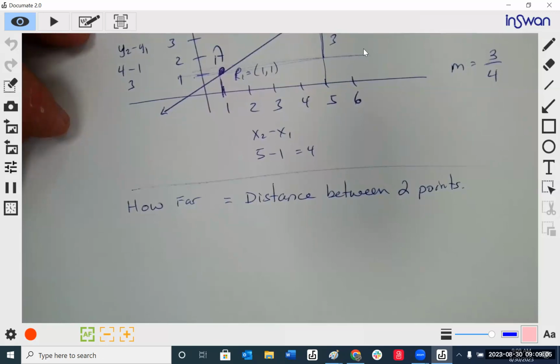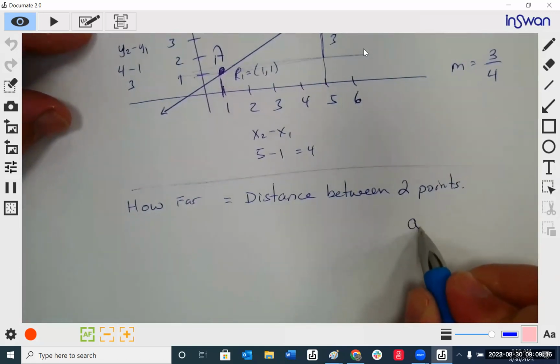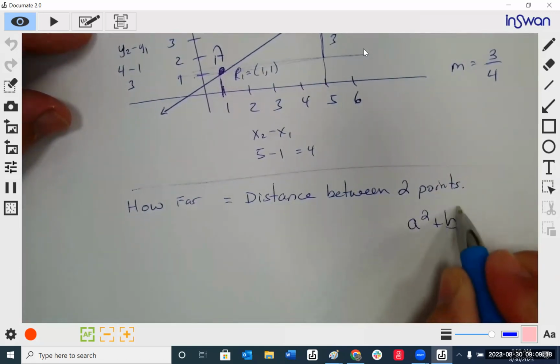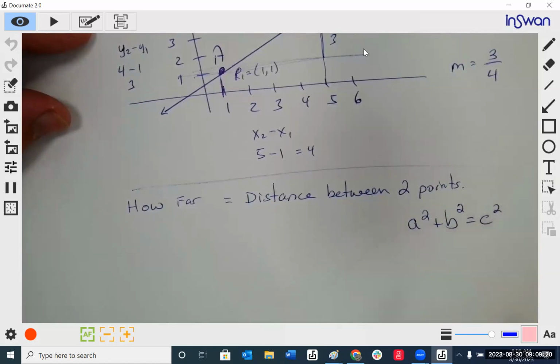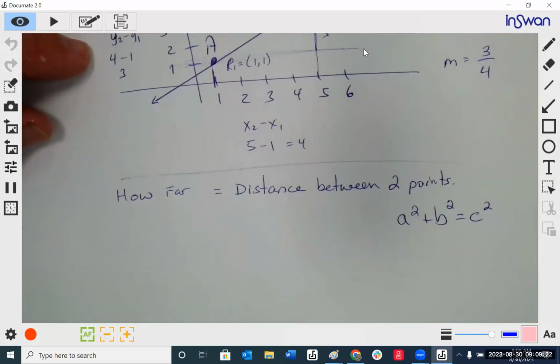Actually, you've heard this formula your entire life. Now you're gonna learn what it's for. What's the name of it?